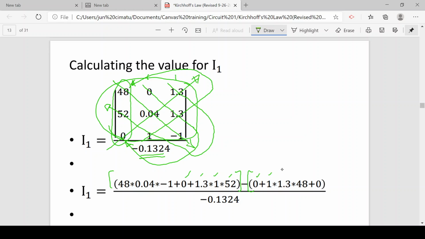So that is 1.3, 48. And then the last element in the lower triangular of the right side to the two elements of the upper triangular. And that would result to 0 because of the 0 element.